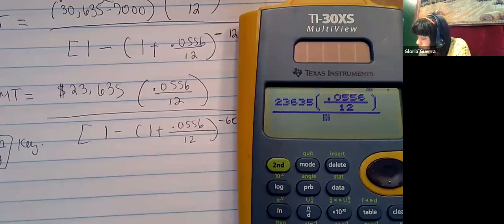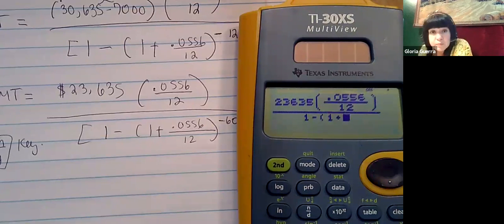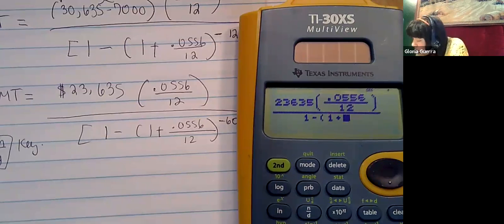So I want to do 1, take away, open parentheses, 1 plus, and then we can do this N over D key.